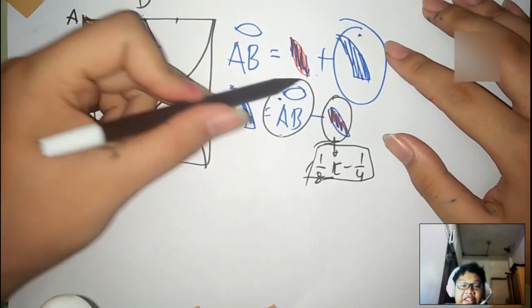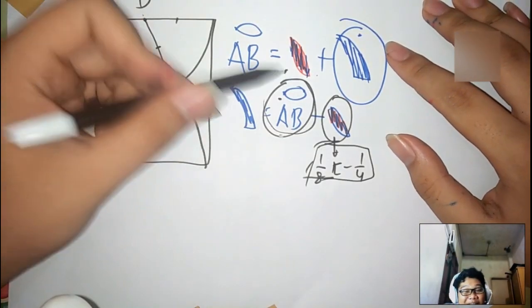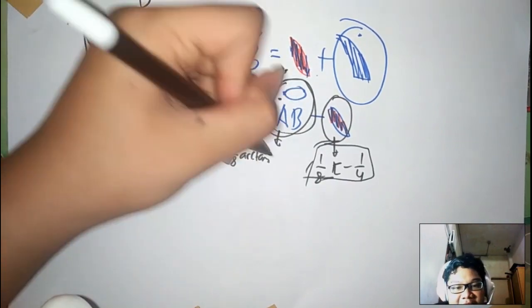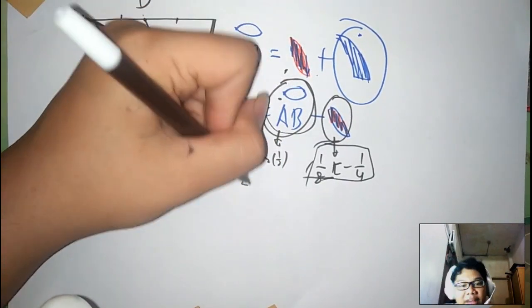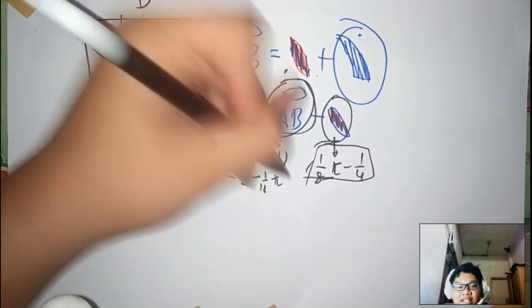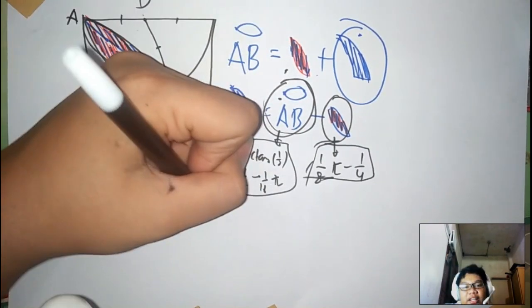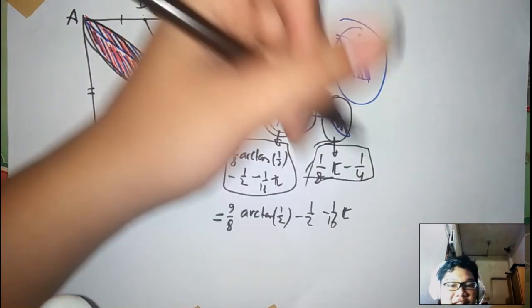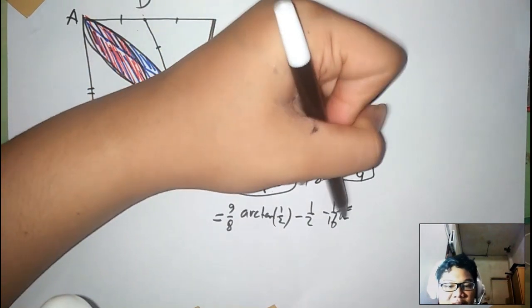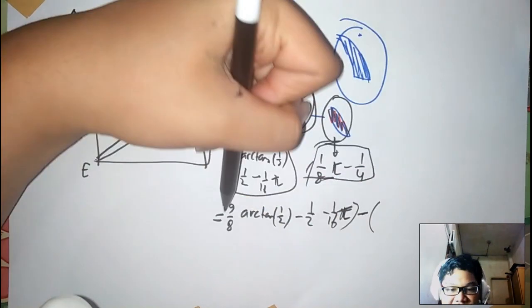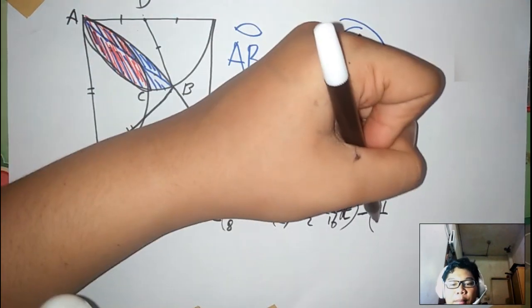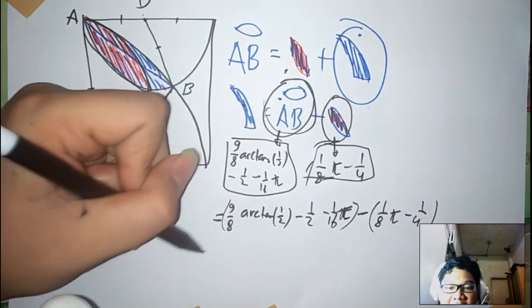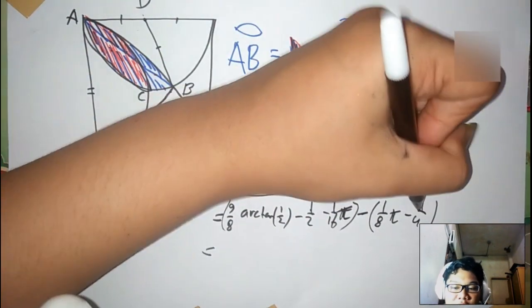Okay, so we already get the AB. Well, it's the complex one. The AB is equal to 7 over 8 arctangent of a half minus a half minus a 16th pi. And then if we want to get the given equation, we just subtract it from the AC arc. Okay, so we write down 7 over 8 arctangent a half minus a 16th pi minus an 8th pi minus a 4th.